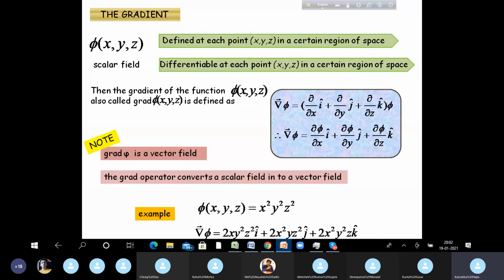So I'll end my class today at this point, and in my next class I will start with this and discuss what this physically means, what it means when the grad operator is converting the scalar field into a vector field. How are we getting a vector starting from the scalar?